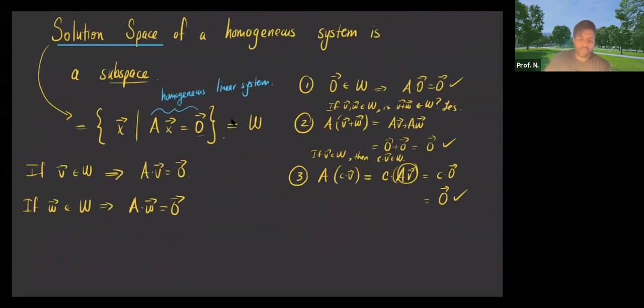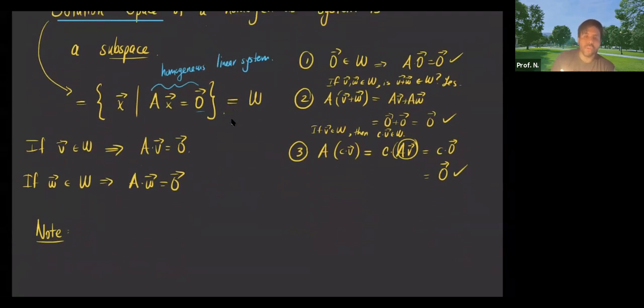There are different names for it. It's called the solution space, but there are also other names. Another name for the solution space of a homogeneous system is the null space.